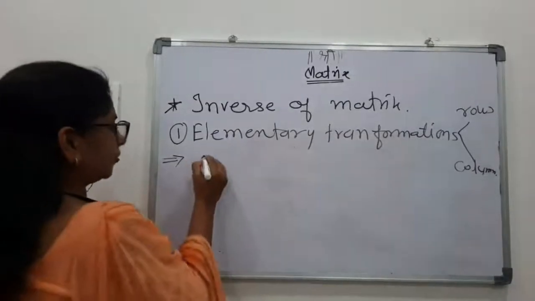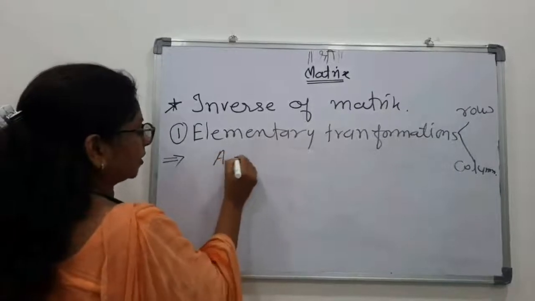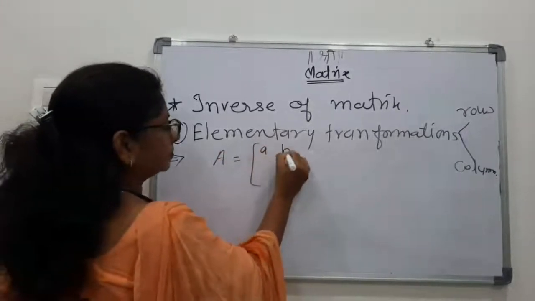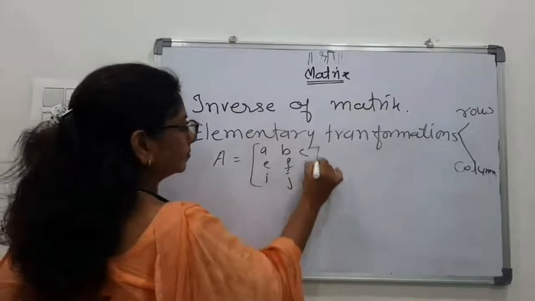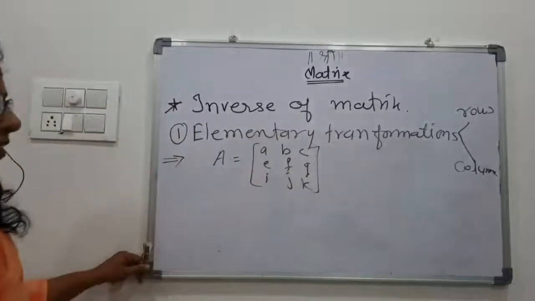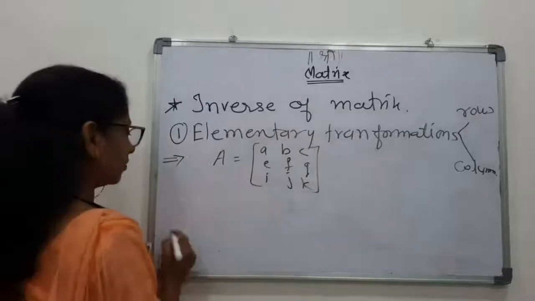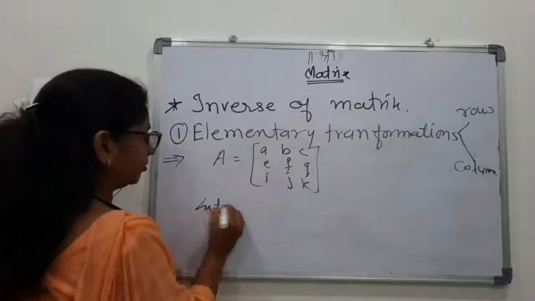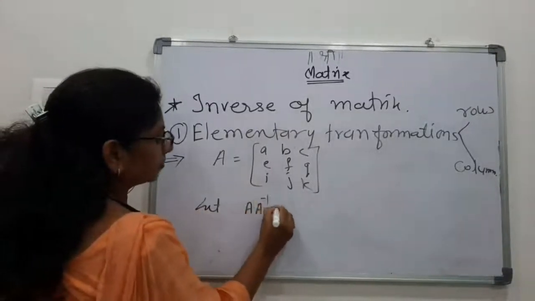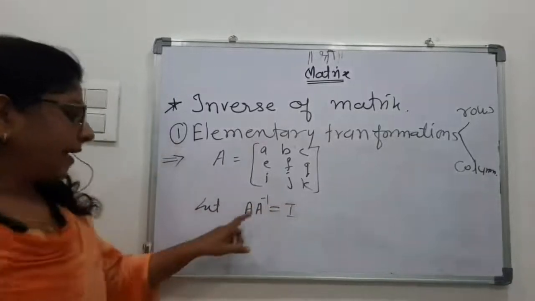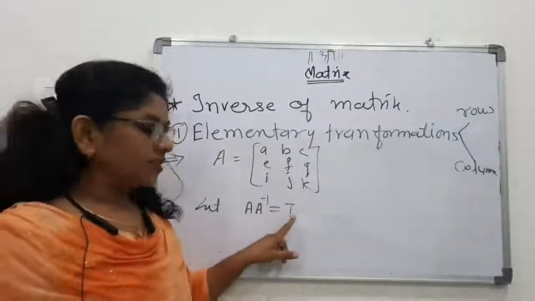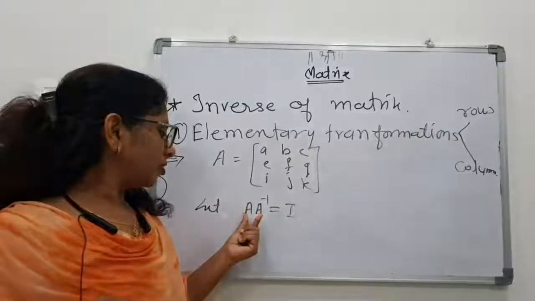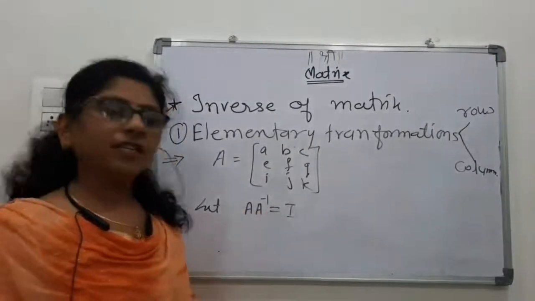Now suppose we have to find the inverse of this matrix A. Then for elementary transformations method, first step is we have to consider the relation like this, because we know that matrix into its inverse is always identity, means multiplication of matrix and its inverse is identity.